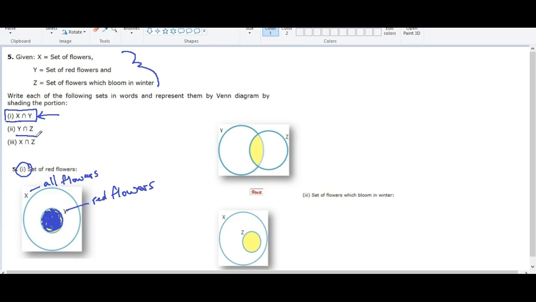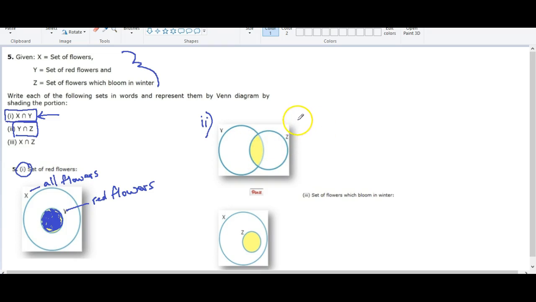The second question is Y intersection Z. So Y is the set of red flowers and Z is the set of flowers which bloom in winter. So we can assume that some of those flowers which bloom in winter are going to be red flowers, but not all. And that's shown by this example here.